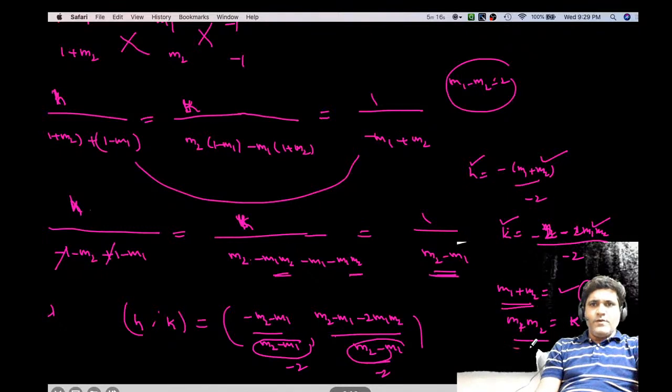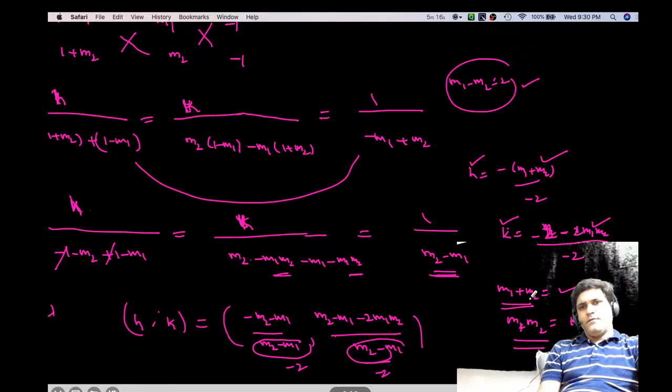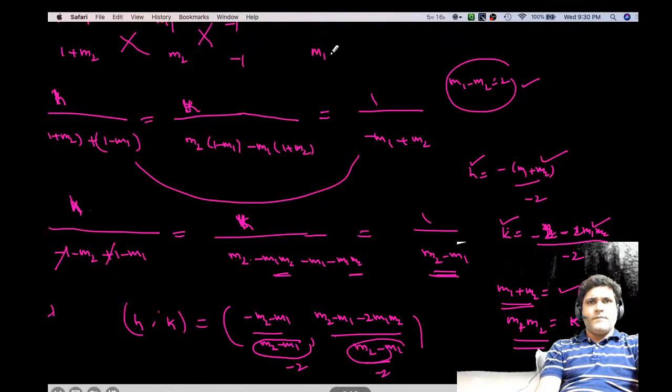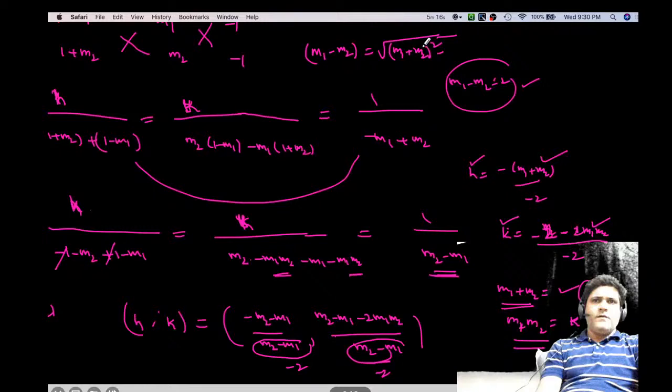We have m1 plus m2, m1 m2 and m1 minus m2. So eliminate the parameters. How to eliminate the parameters? Just use this one: m1 minus m2 is equal to m1 plus m2 whole square minus, the difference of the roots in terms of the sum of the roots and the product of the roots.